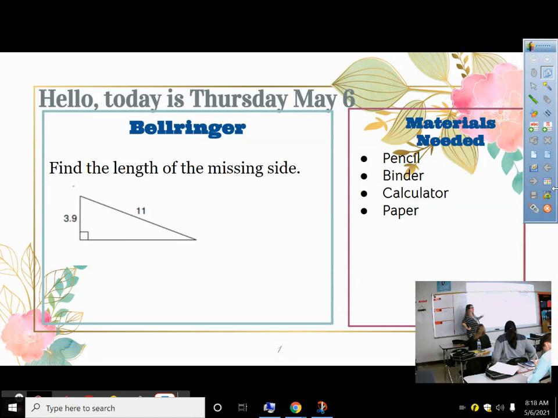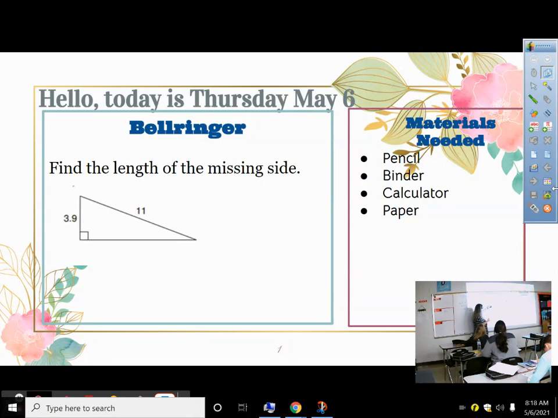But a 45, 45, 90 can either have one of these as 45, or you could also see that two of the legs are congruent. Because if two of the legs are congruent, then that makes the two angles congruent. And the only way a right triangle can have two angles congruent is if they're both 45. So it kind of ties what we're doing here to what we were doing yesterday.